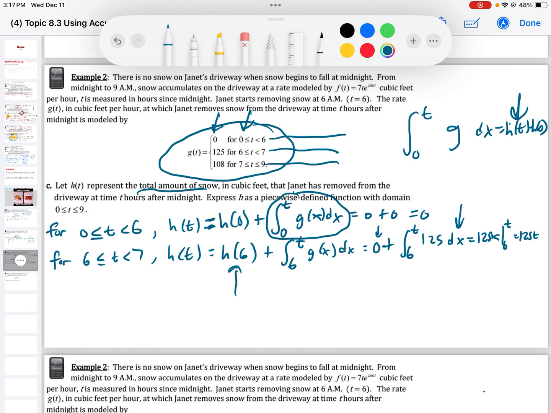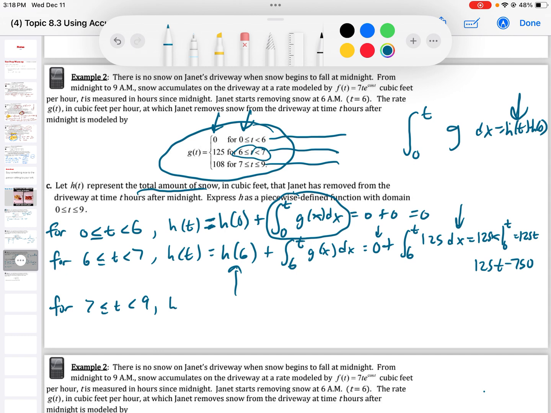So it'd be 125t minus 125 times 6. And I've run out of room. 125 times 6 is 750. So this would be 125t minus 750. So that would be the equation I could use to find the total amount for any time between 6 and 7. So I could plug in 6.5, and I can find out how much total snow she's removed from the driveway.